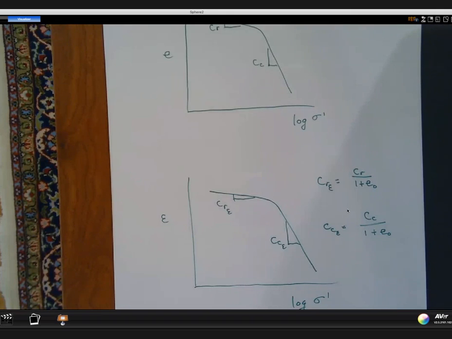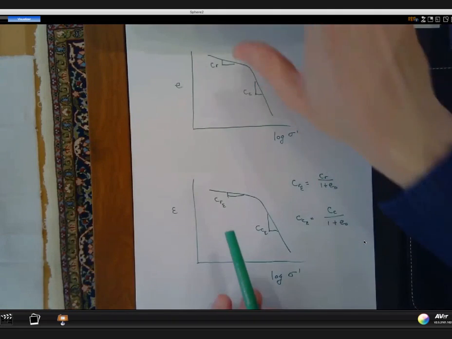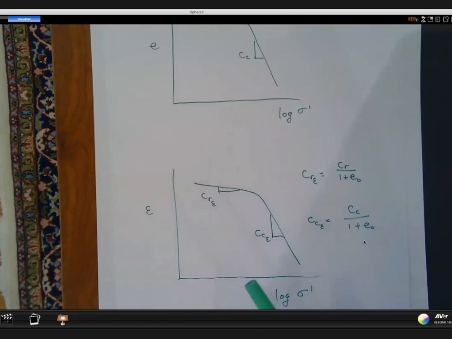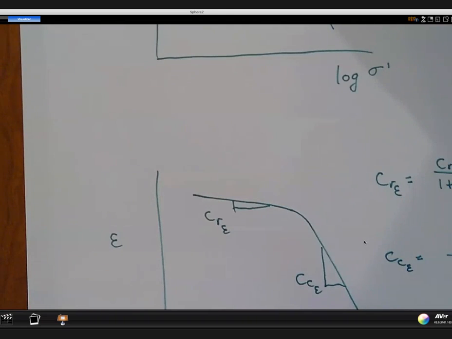And if you utilize these strain-based properties, it simplifies your consolidation settlement equations. I'm sorry, this thing's going crazy here on me.